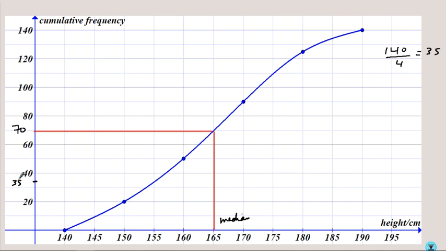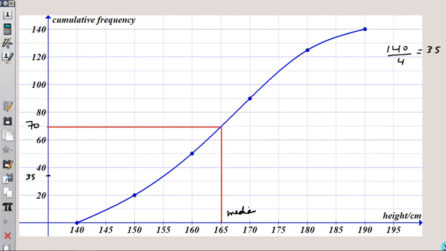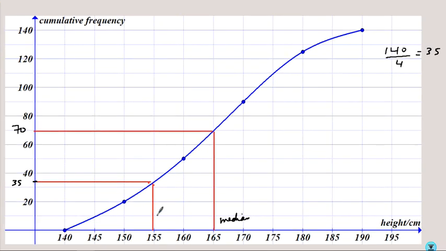And what we do is we draw our line and then go down, and this is 155, so this is the lower quartile or the first quartile, same thing.